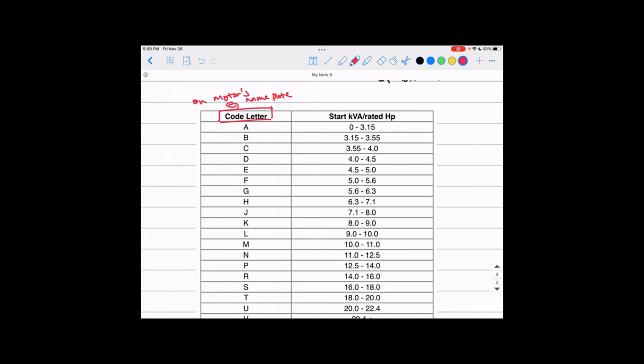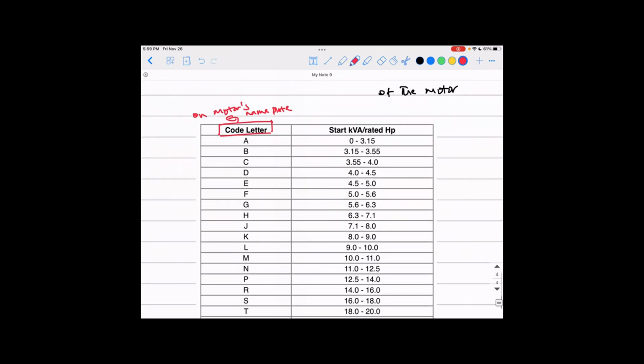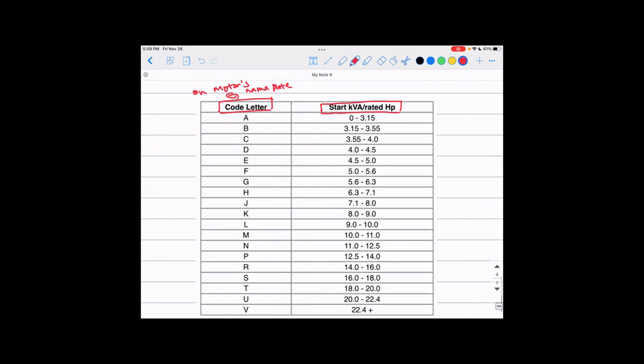You'll find a letter from A, B, C, D, E, F down to V. And each has a value to find here. That is the starting kilovolt ampere per rated horsepower. Okay, so you find those numbers.